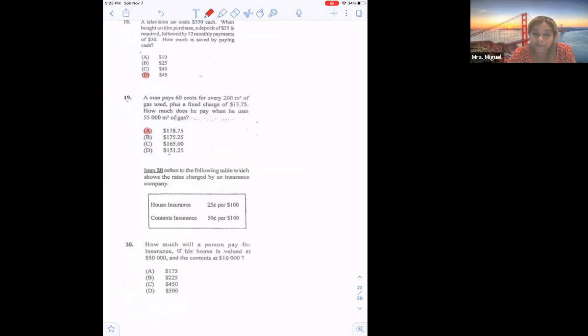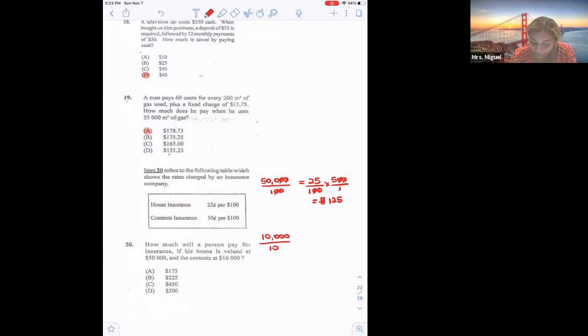How much will a person pay if his house insurance is 50,000? So we have to find out how many hundreds are there in 50,000. So it is sold in $100 value. So 25 cents multiplied by 500. So the house insurance is 125. The contents insurance now, it's worth 10,000.